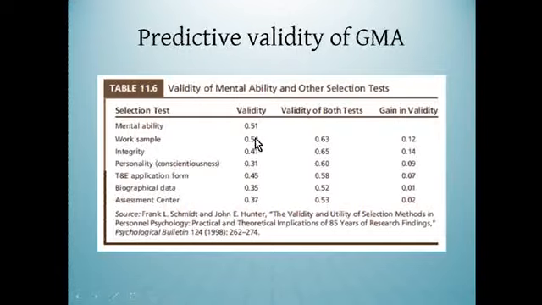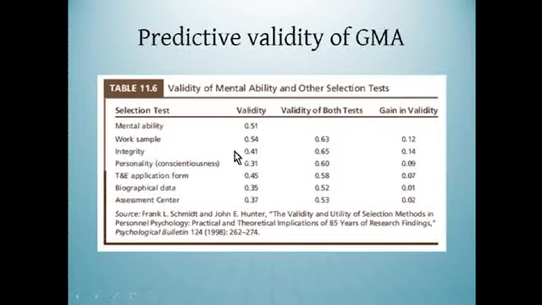Now, the thing with work samples, class, is that you can only use work samples to hire people who've done the job before. If you're hiring someone for entry-level work, they would not be able to produce a work sample, just by definition. Yeah, so the usefulness of work samples is not as high as, say, general mental ability.